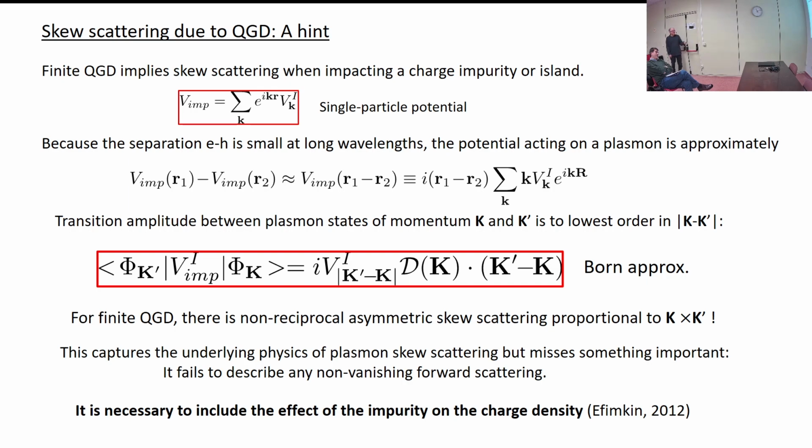The problem, it turned out, is that this very simple approximation only looks at the scattering of the plasmon from the impurity potential itself, but the impurity does more than this. The impurity actually changes the density of the ground state, and we weren't taking that into account. This turns out to be a lot more work to deal with.